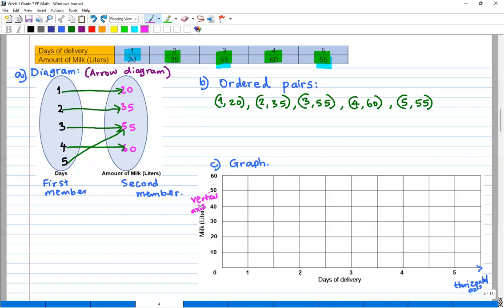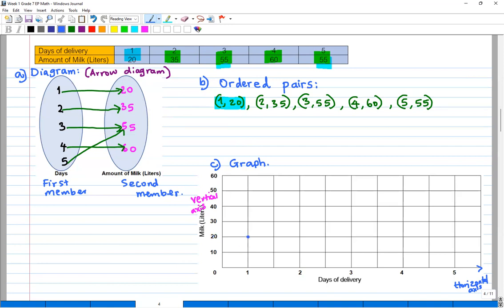Okay, now let's draw the graph. So we begin with ordered pair 1, 20. So this is 1 on the horizontal axis, then on the vertical axis we have 20, and this is the meeting point.